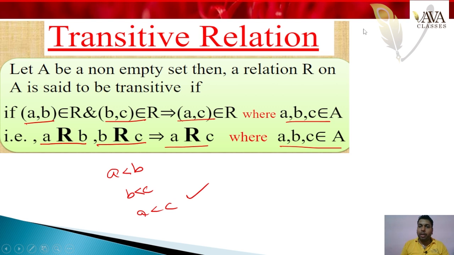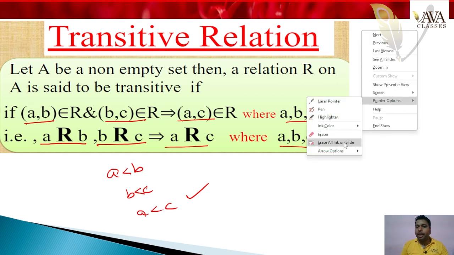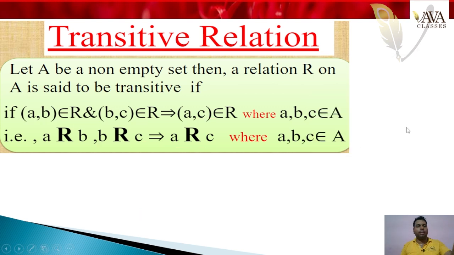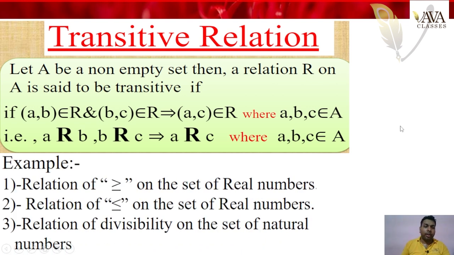You can give similar real life examples or mathematical statements. For example, the relation greater than or equal to on the set of real numbers is a transitive relation. Less than or equal to is also transitive. The relation of divisibility on the set of natural numbers is also transitive.